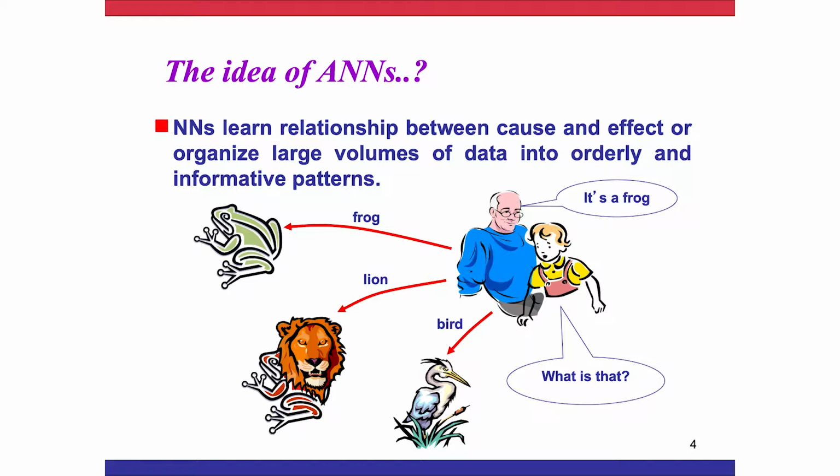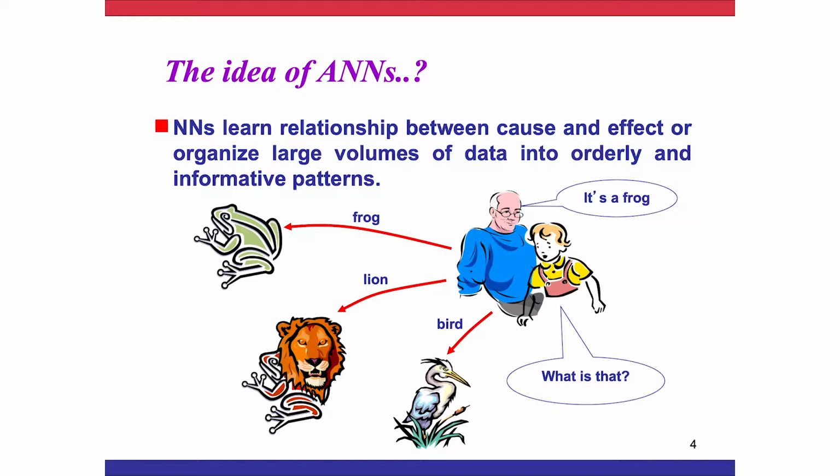For example, among the different types of animals, we have identified the frog, and obviously there is some abstraction of the frog parameters by our nervous system, and based on that abstraction there is a classification which correctly identifies that this is a frog.